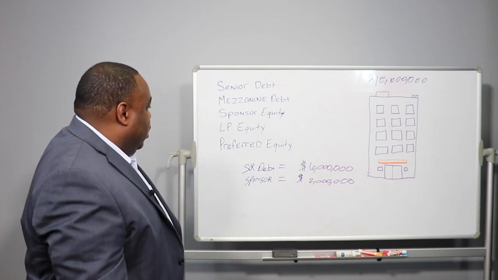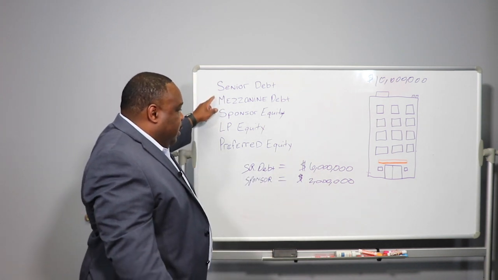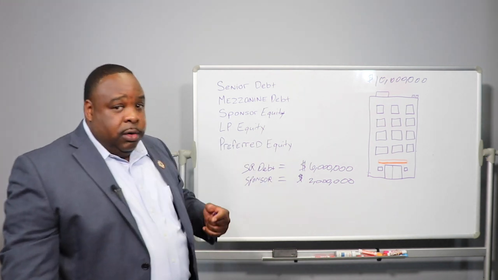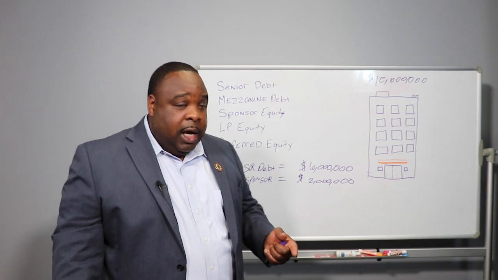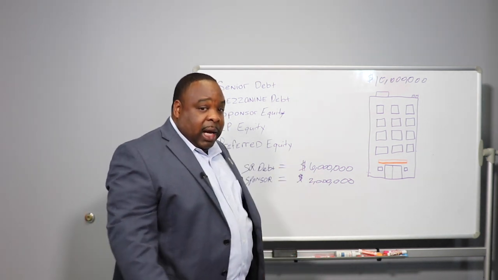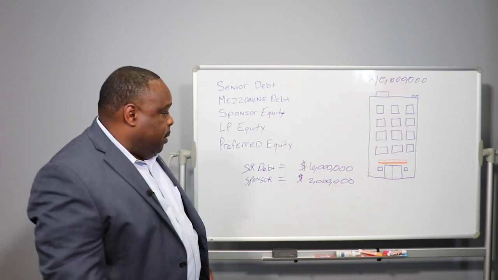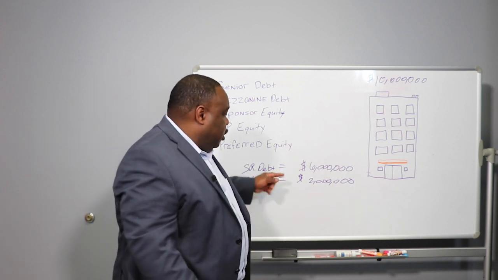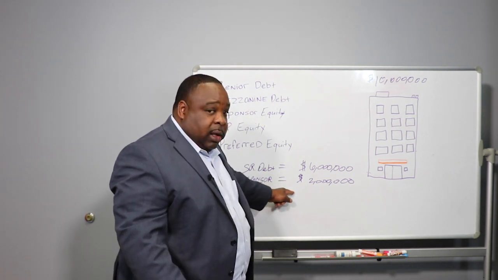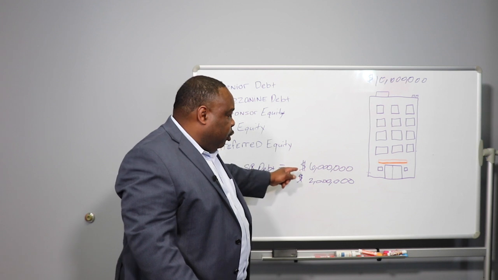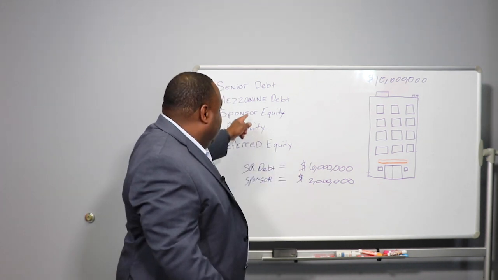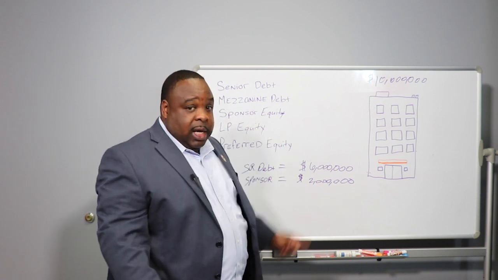So we could come in with mezzanine debt, but sometimes you cannot use mezzanine debt on a transaction because the senior lender may not allow it. In order to secure a mezz position on a transaction like this, you have to work out an agreement between the senior debt holder and the mezzanine debt lender.